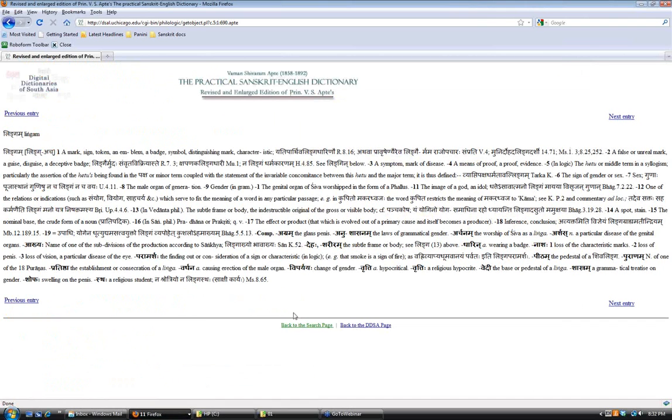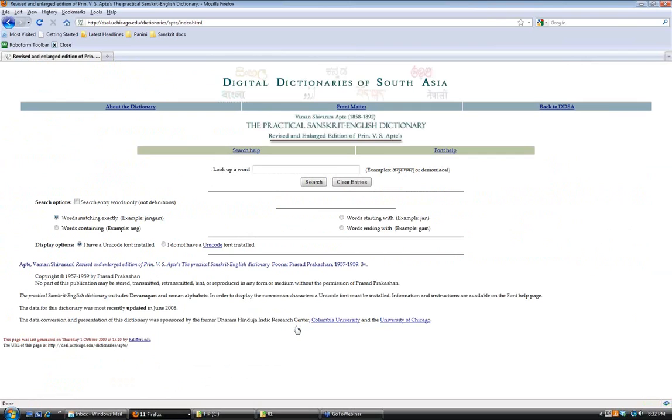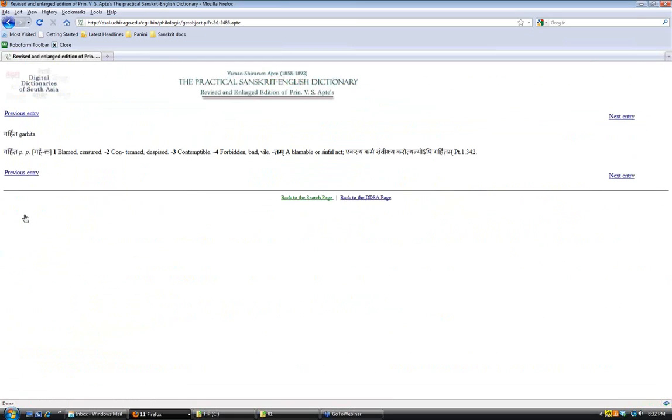Okay, garhitam, so bhava garhayam. Starting with garhita. This is also a good dictionary online, I hope you're using this. Garhita: censured, despised, contemptible, in a contemptible manner.